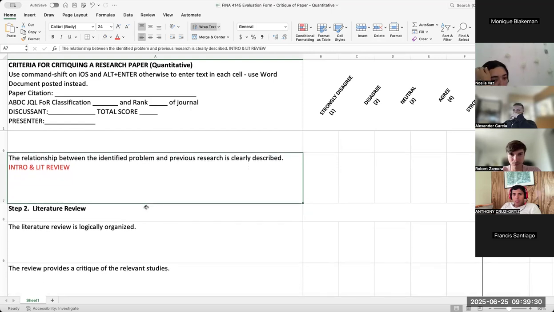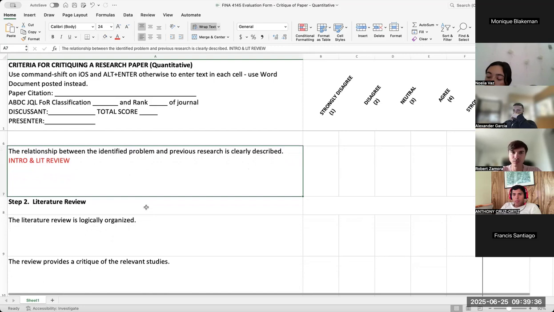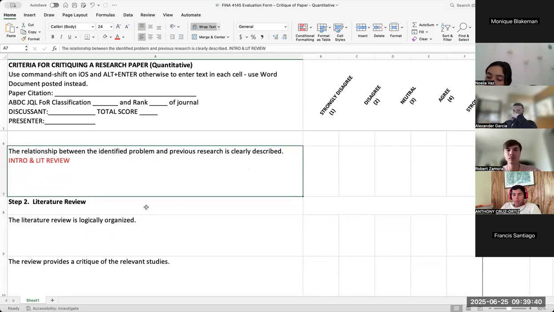The lit review is a little more step by step, where you start unraveling and describing how people have looked at it in the past, what they found, like details, right? So intro is more the story behind your research question. Am I answering it?